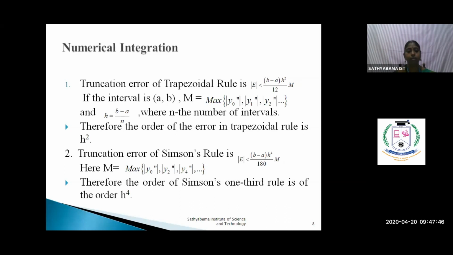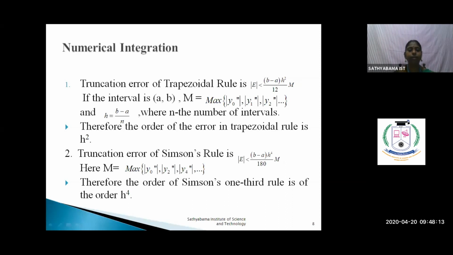Into M. And here for Simpson's rule, M is the maximum of the derivatives y0 fourth derivative, y2 fourth derivative, y4 fourth derivative, etc. So this is the M value, and from that the order of Simpson's 1/3 rule is h power 4. Is it clear?